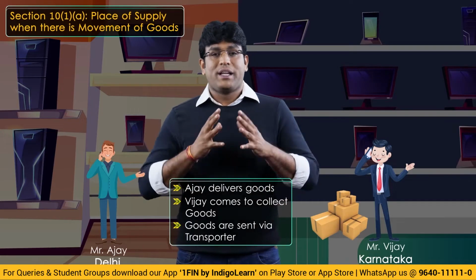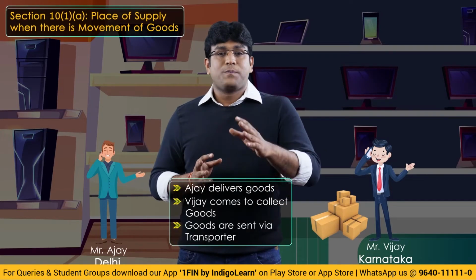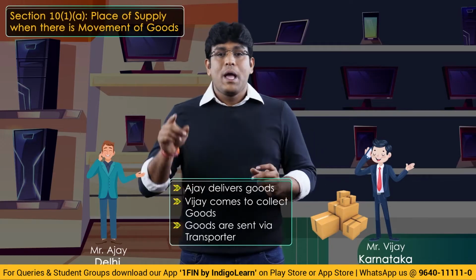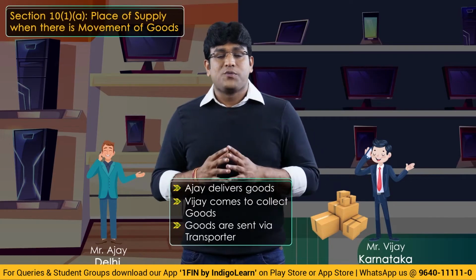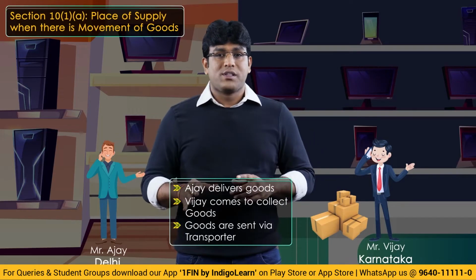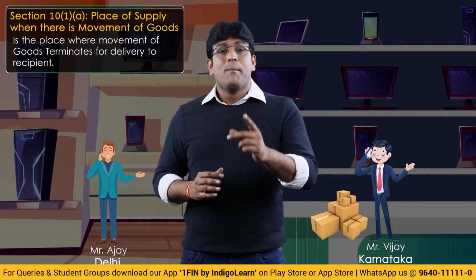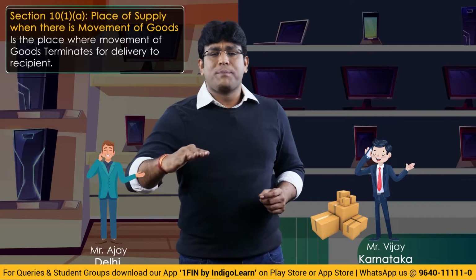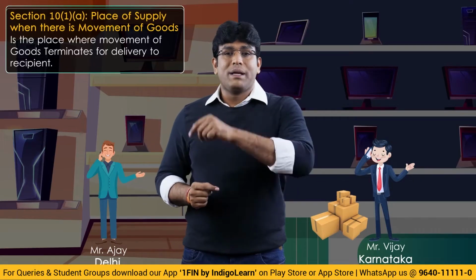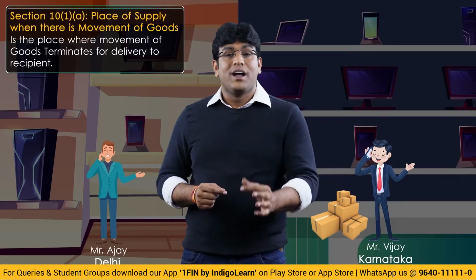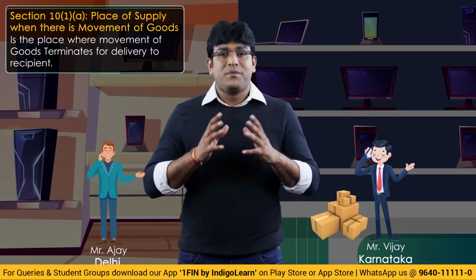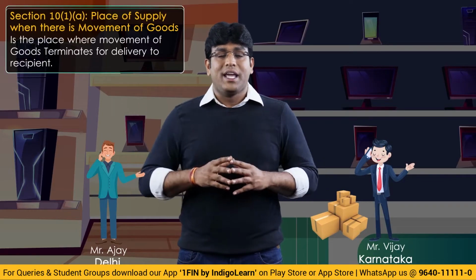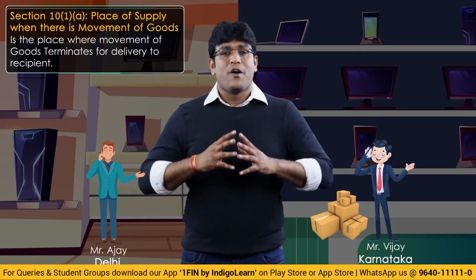Here, in this particular case, you have to understand that as per section 10.1a, place of supply in case where there is movement of goods shall be the place where movement of goods terminates. Terminates means stops. Movement of goods terminates for delivery to the recipient. If you observe very clearly here, Ajay of Delhi supplied goods to Vijay of Karnataka.